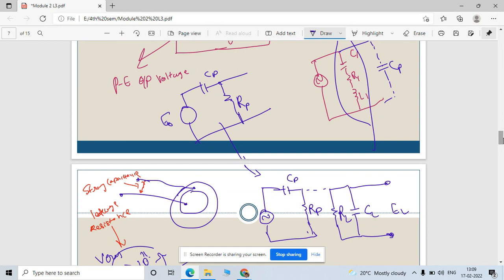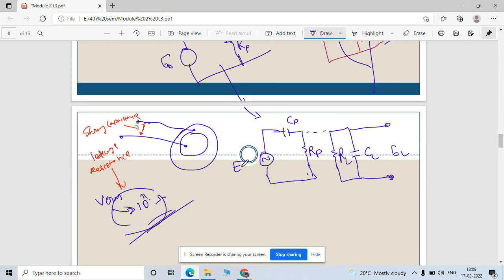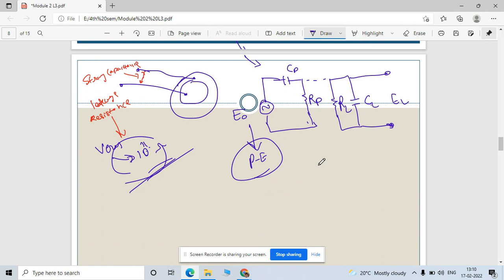Okay, the generated voltage is different, which is E naught, but while solving the problem we mainly consider this piezoelectric potential, or voltage. So this is actually the leakage resistance. Because its value is very high, we can neglect that resistance because both are connected in parallel. As you see here, both are connected in parallel, so current can't flow from the load resistance side. Okay, so I just remove that resistance here.